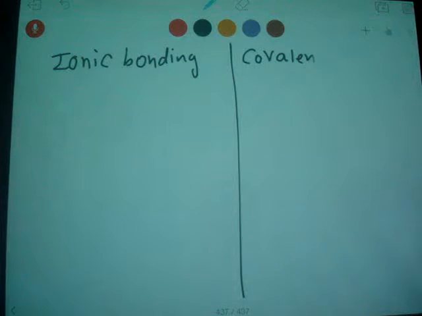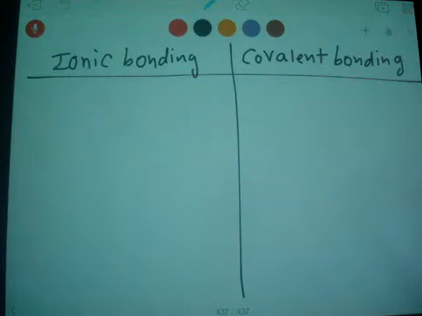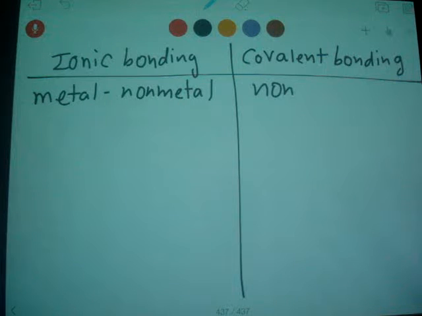Ionic bonding usually occurs between a metal and a non-metal. Covalent bonding is between a non-metal and a non-metal.